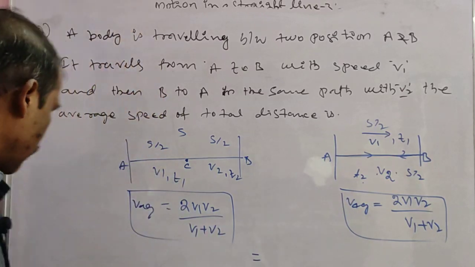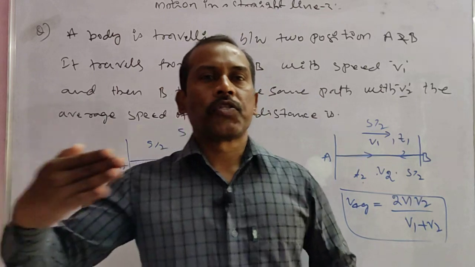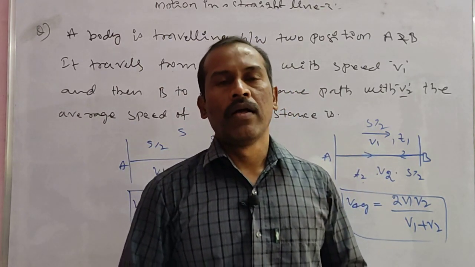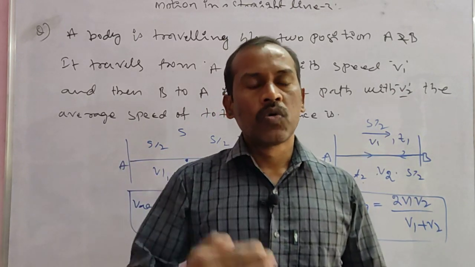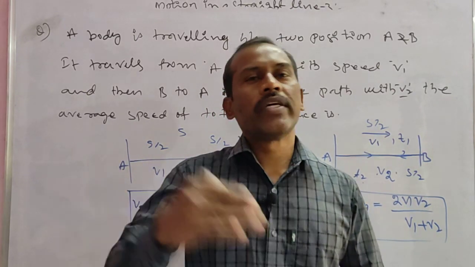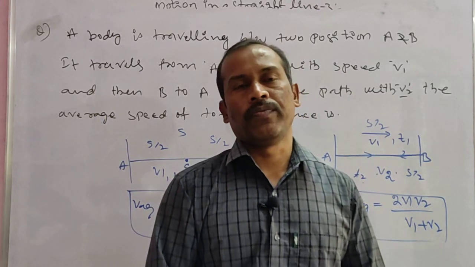Next problem. Here next one, a particle moving along the straight line. First half of the time in between two positions, first half of the time speed v1, second half of the time speed v2.